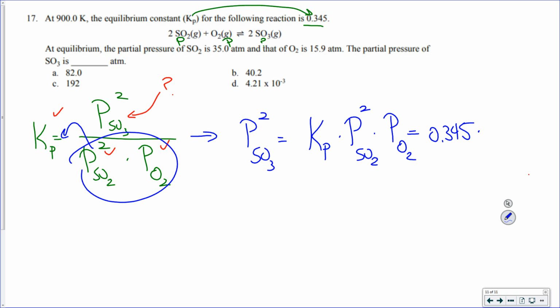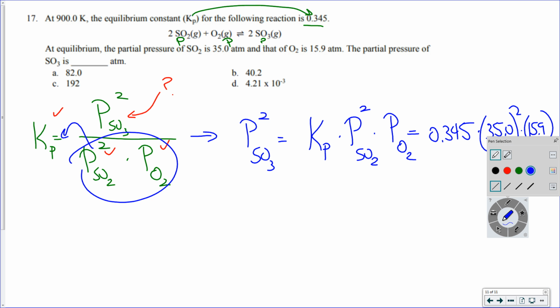Partial pressure of SO2 is 35 atmospheres, and I've got to square that one. The partial pressure of the O2 is 15.9 atmospheres. That equals the partial pressure of the SO3 squared.